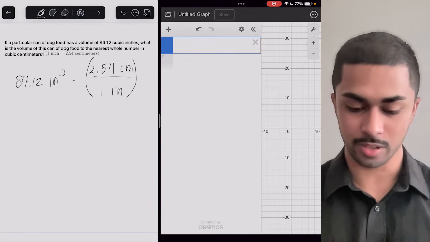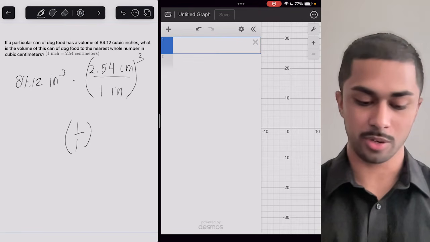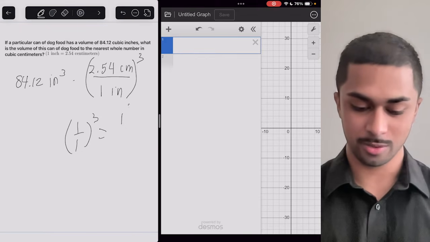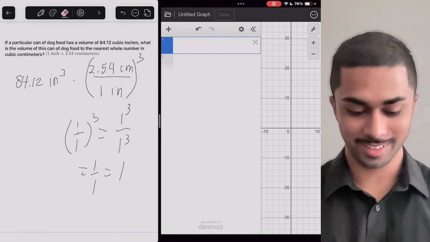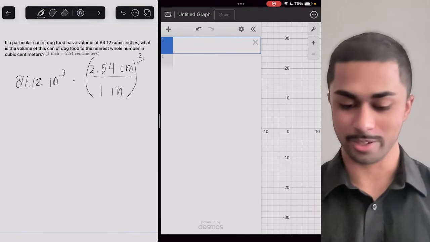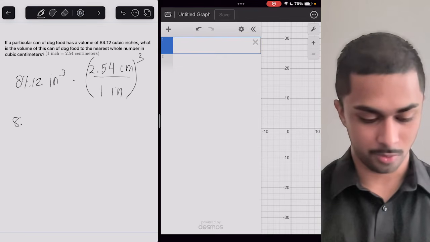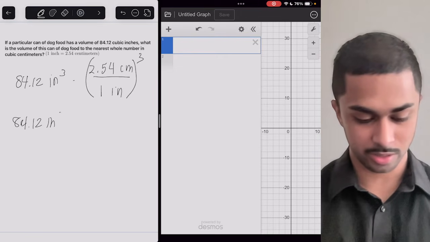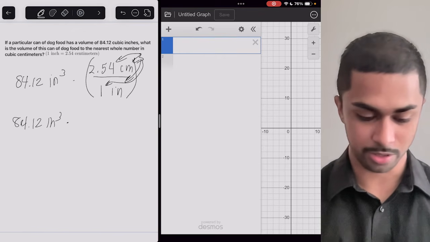So we can take all of this and cube it. Why? Because if we take 1 over 1 cubed, it's still 1 cubed over 1 cubed, which is equal to 1 over 1, which is equal to 1. So we're still keeping all of this as 1. 84.12 inches cubed times, and then this 3 distributes everywhere. Make sure you're doing that.